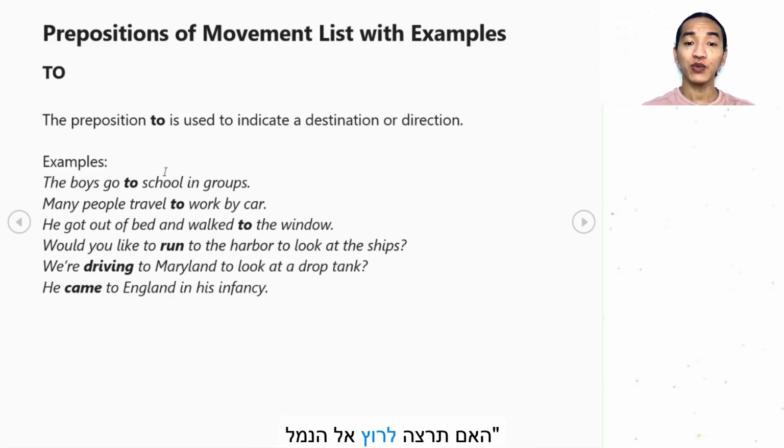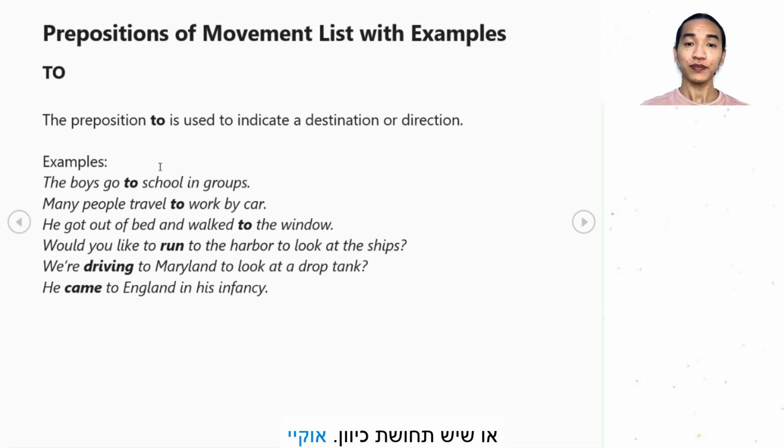Would you like to run to the harbor to look at the ships? We're driving to Maryland to look at a drop tank. And he came to England in his infancy. All right, so there is a destination, going somewhere, or there is a sense of direction.